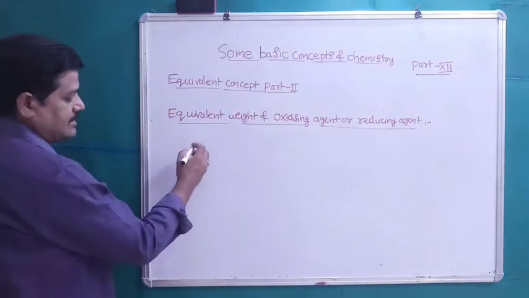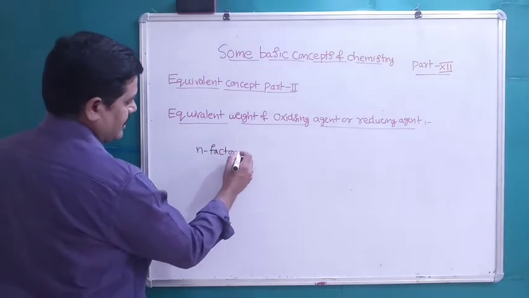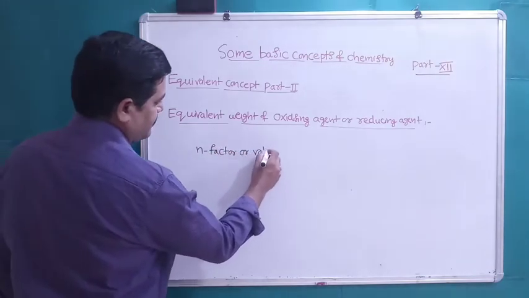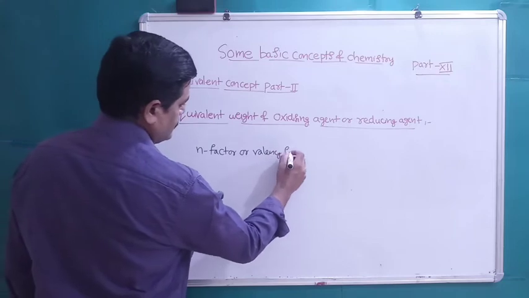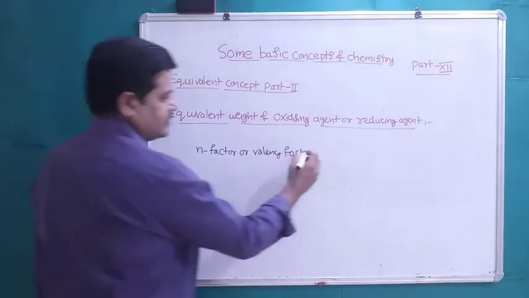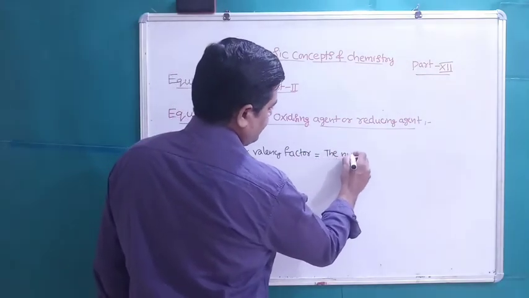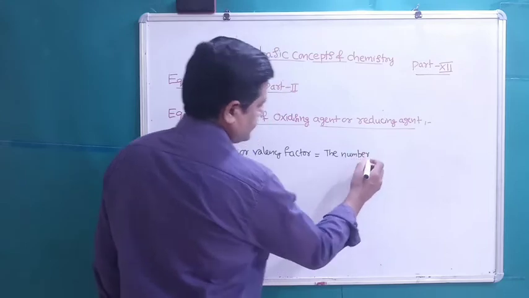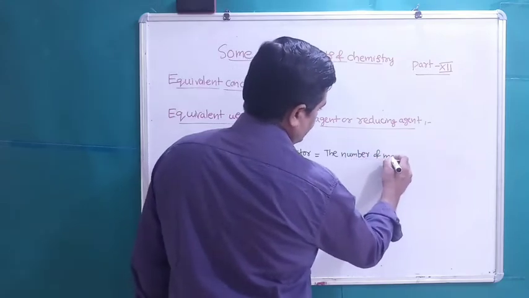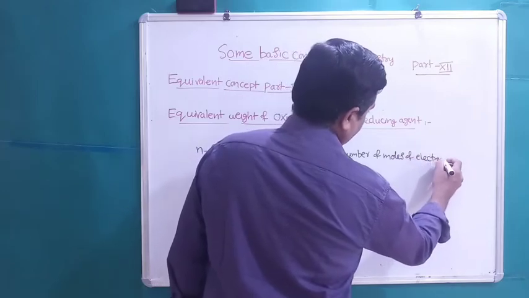Students, the n factor or valency factor for an oxidizing or reducing agent is the number of moles of electrons transferred.